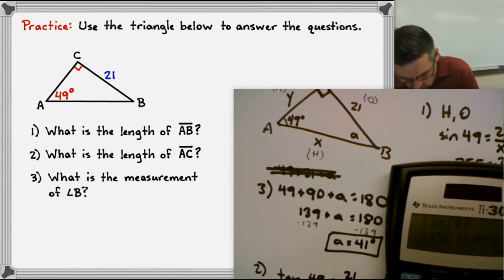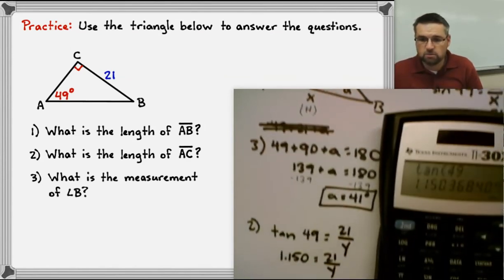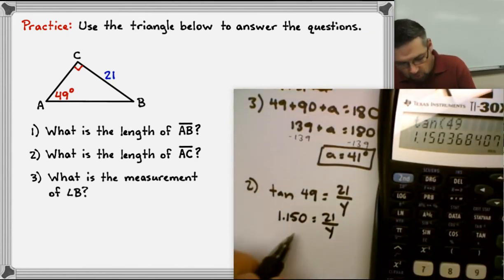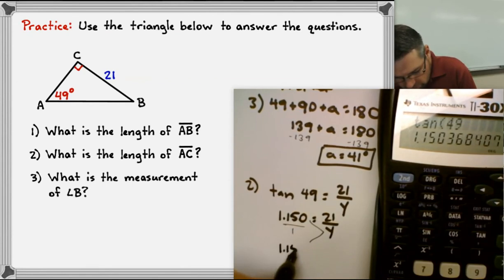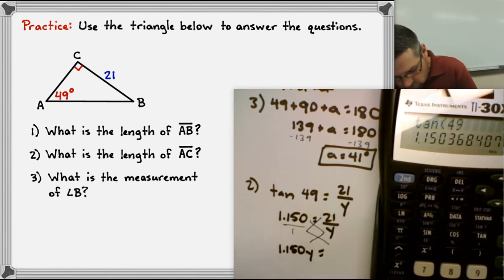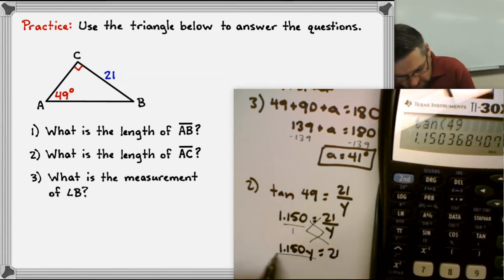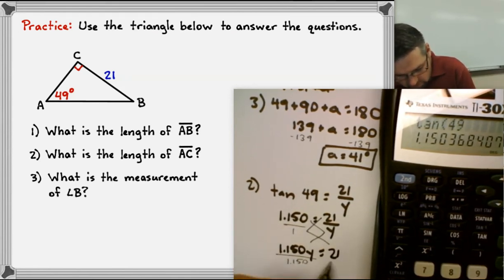And that's equal to 21 over y when I carry that down. And then we'll cross multiply. So we end up with 1.150y equals 21 times 1, which is 21. And then we'll divide by 1.150 on both sides.